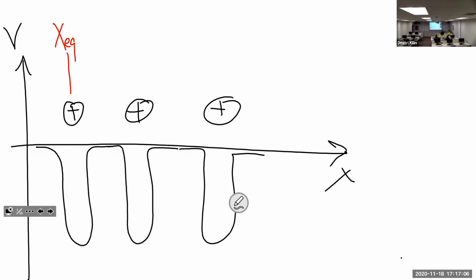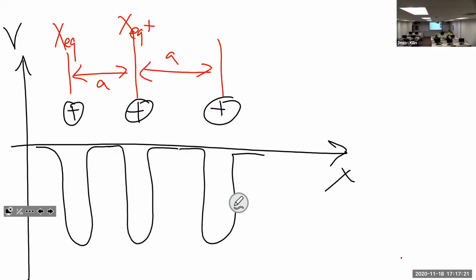So one needs to set up the distance between atoms, and then the equilibrium of the next atom will be X equilibrium plus A, X equilibrium plus 2A, X equilibrium plus N times A.